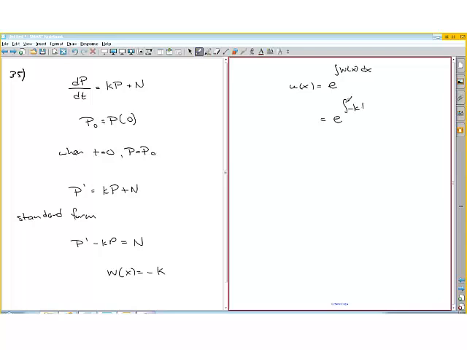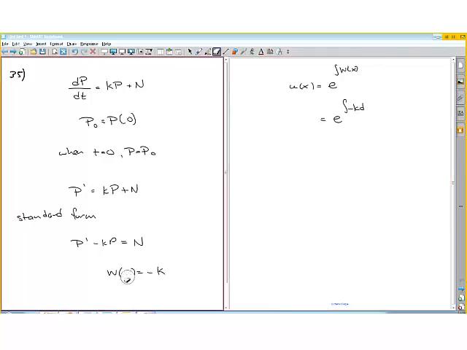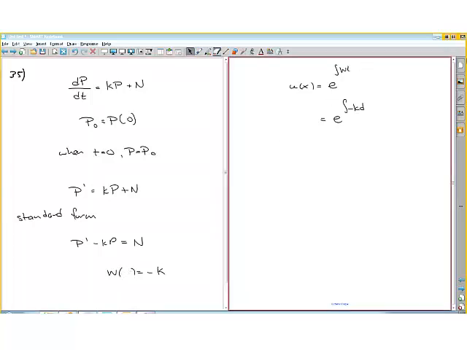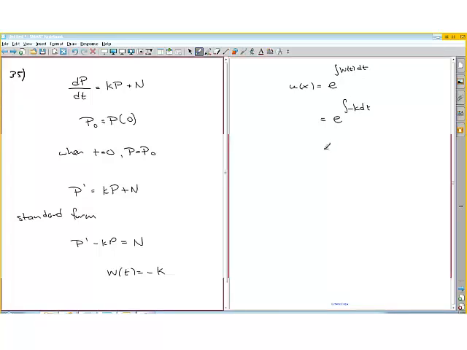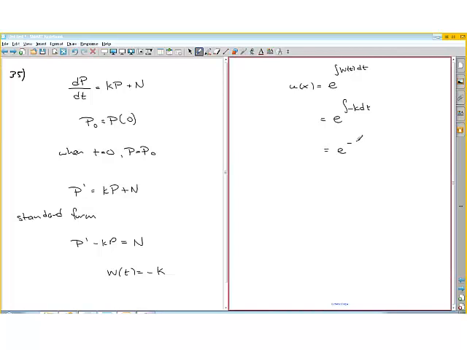And so that's e to the integral of minus k, actually dt, w of t, because time is the independent variable in this case, not x. So w of t dt. w of t was just minus k. So the integral of that is e to the minus kt. So there's our integrating factor. So we take the original differential equation and we multiply every term by this integrating factor.